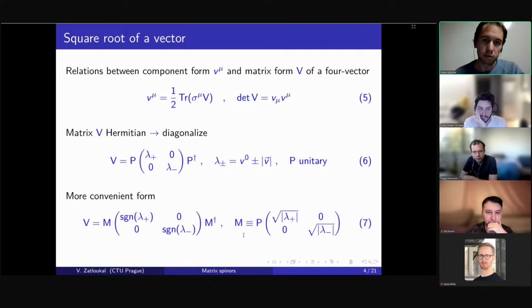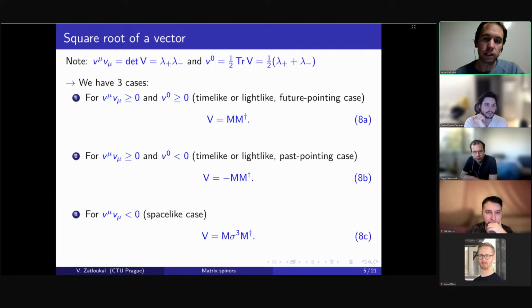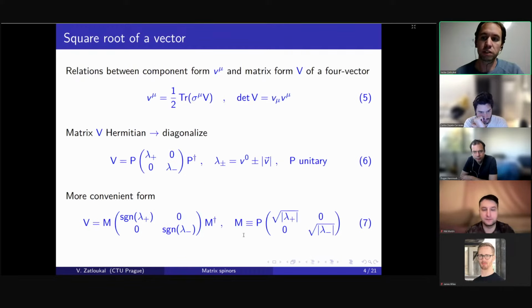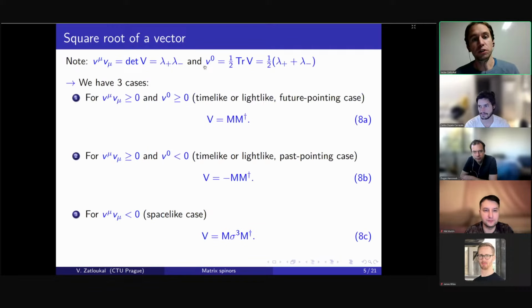So some discussion: basically the signs of the eigenvalues are reflected in the signs of the determinant and the trace. Because those are the eigenvalues, and in turn, the determinant and the trace are related to the components of the 4-vector, or to the Minkowski norm.